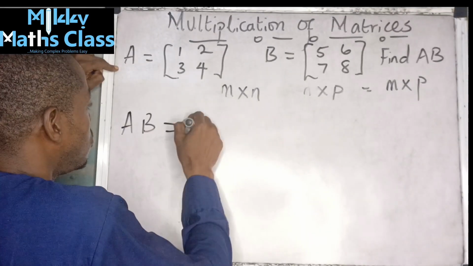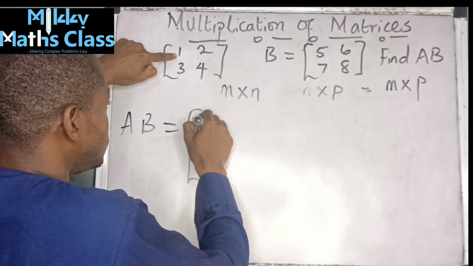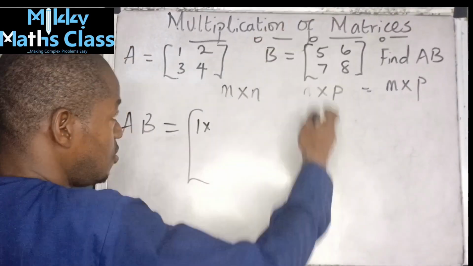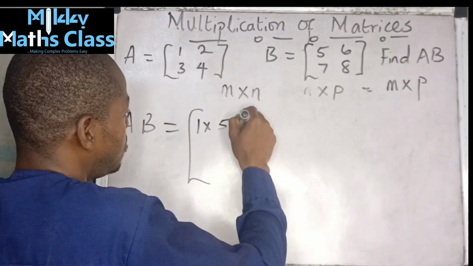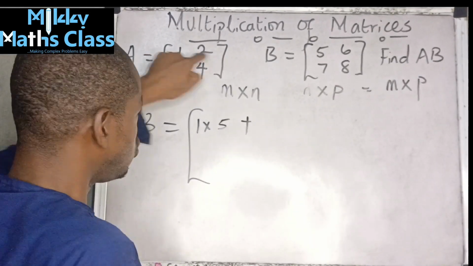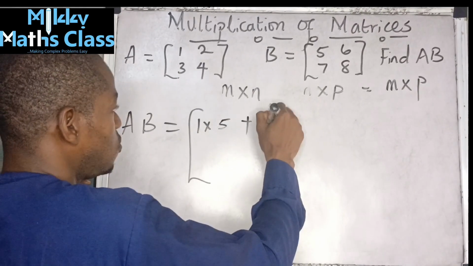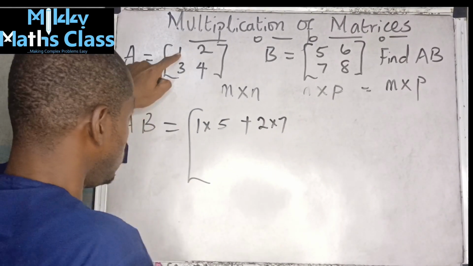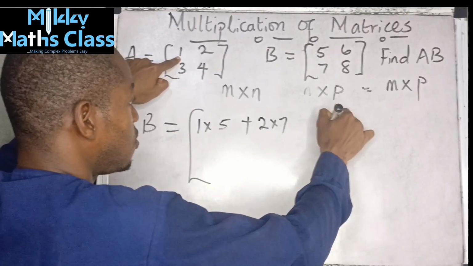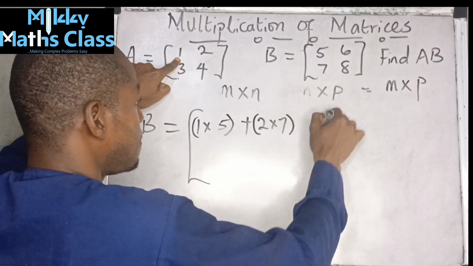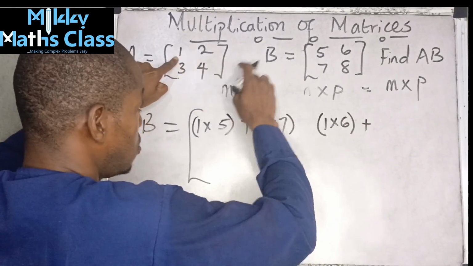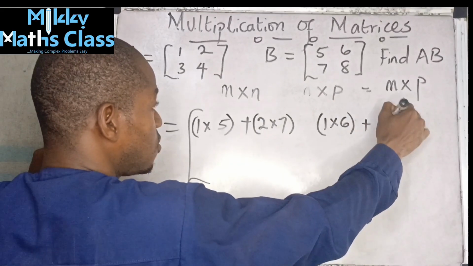So AB will be equal to 1 times 5 plus 2 times 7. Then we go to the next one. 1 times 6 plus 2 times 8.